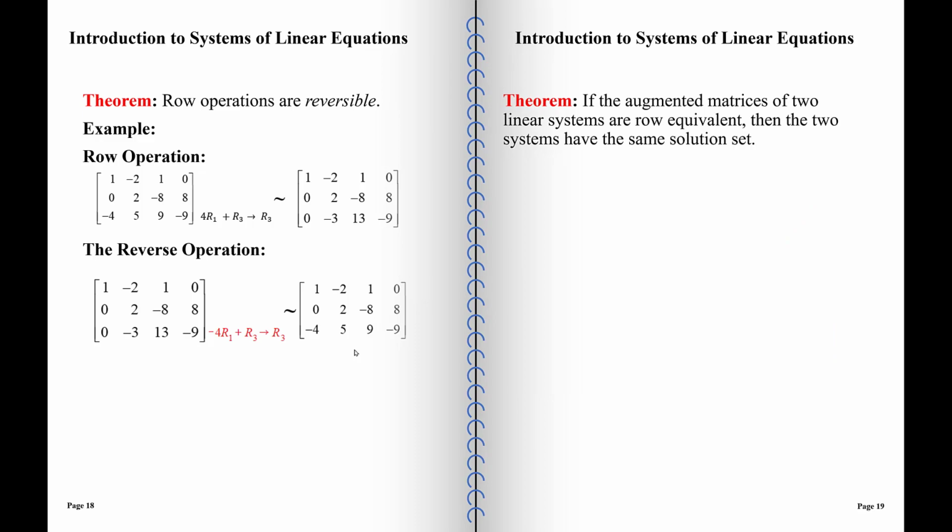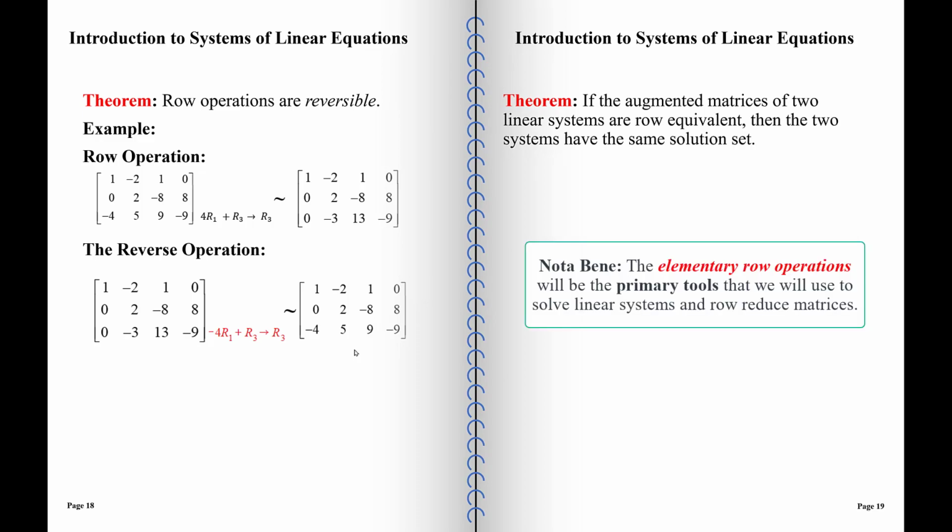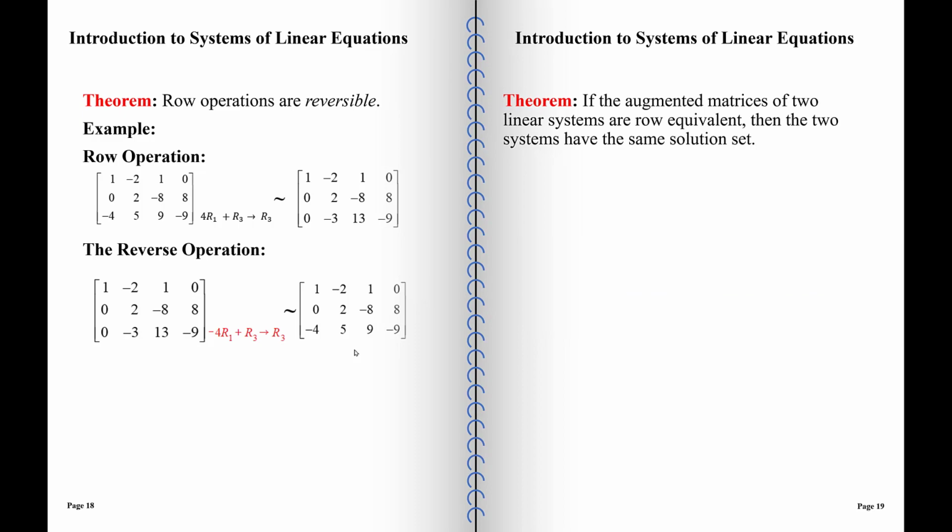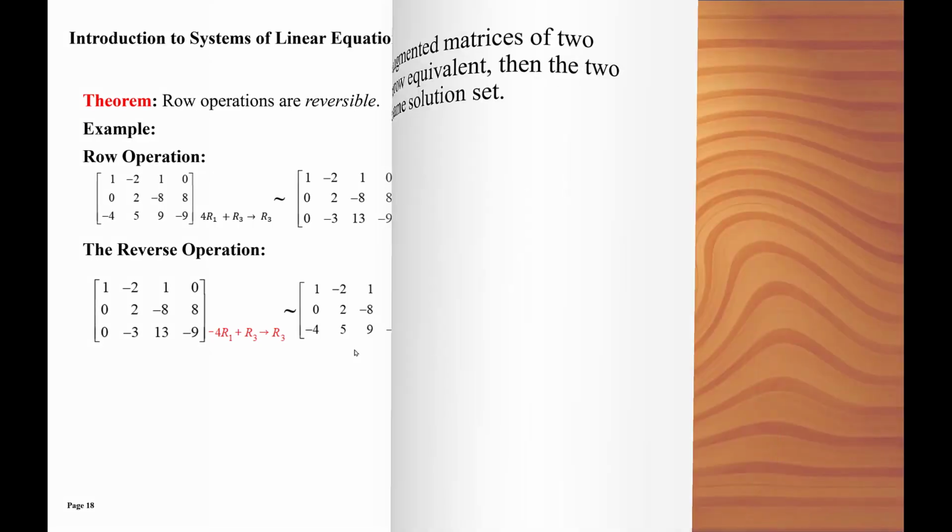And it turns out it doesn't change the solution set, which is excellent, if they were going to be the tools that we were going to use to find the solutions or solution set, and they will be. These three operations will be the operations that we use to find the solutions of a linear system, because they don't change the solution set. The solution set is invariant under these operations.